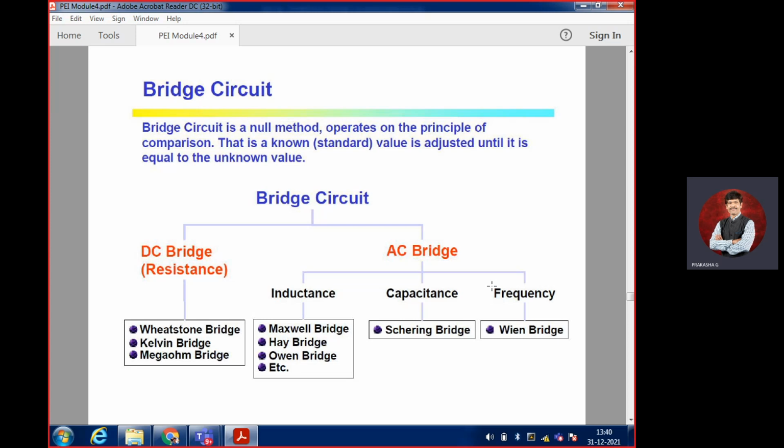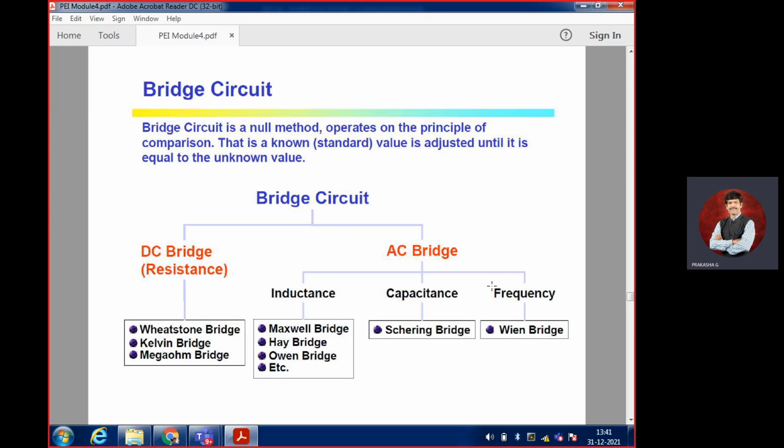Bridges are classified into DC bridges and AC bridges. DC bridges are meant for measuring resistance. AC bridges deal with AC elements. The capacitance is for charging and discharging, so it is meant for AC operations and AC signals. Similarly, inductance is also for charging.